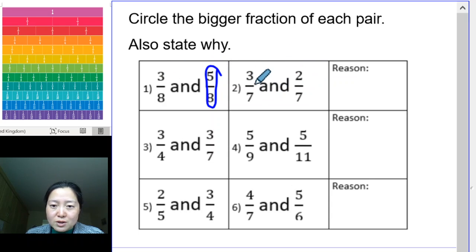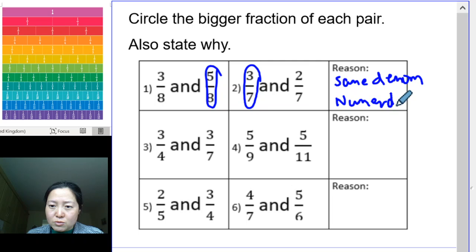Same thing goes for 3/7 and 2/7 because the denominator is the same. The bigger numerator gives you a bigger value. So same denominator, bigger numerator is bigger. Okay, so that's the reason why those two fractions are the bigger one in the pair.